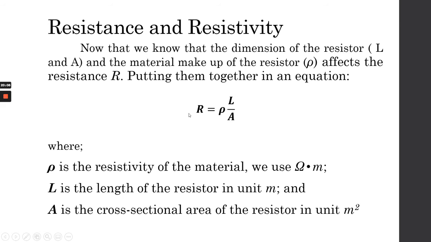Para mas madali ninyo ma-remember yung equation na to, you can think of it as the replay equation. So, ang R equals rho L over A, replay equation, yun yung equation nyo to solve for resistance.